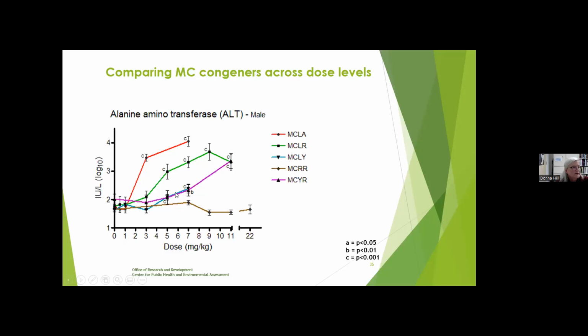LY and RR tend to increase about the same time here. And we took RR all the way out to 22 milligrams per kilogram, and it didn't cause any increased liver enzymes. It did cause some glucose changes, but it was not affecting the liver.